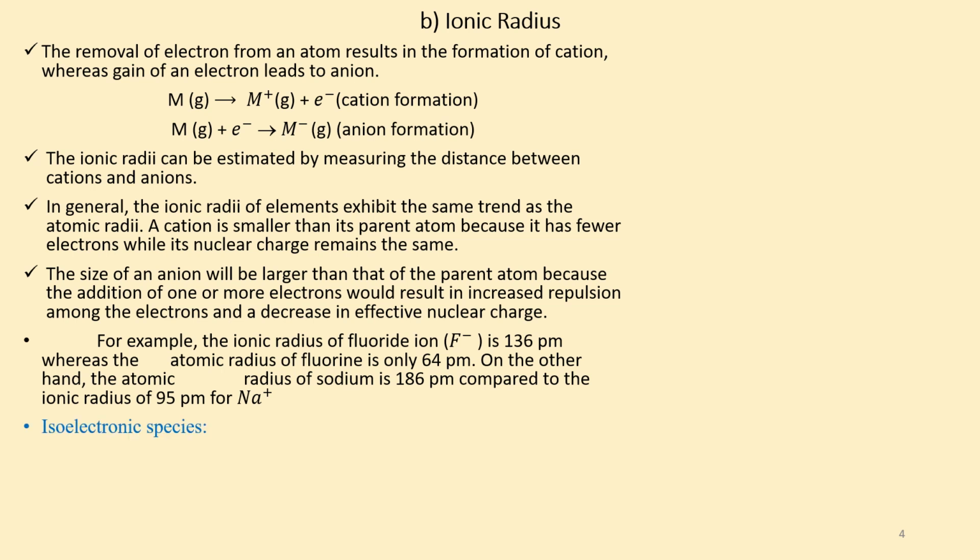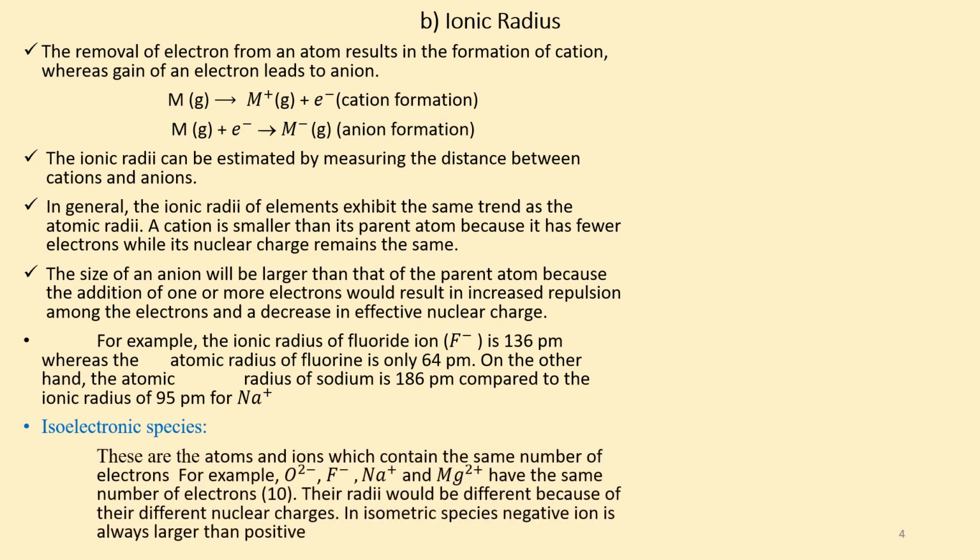Now we will define isoelectronic species. When we find atoms and ions which contain the same number of electrons, we call them isoelectronic species.